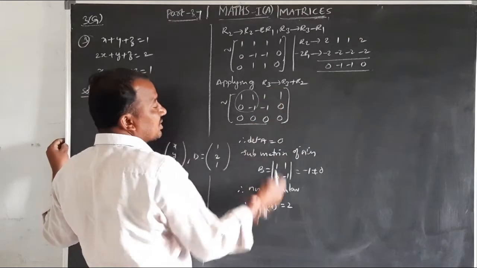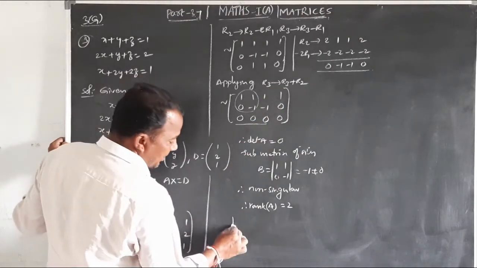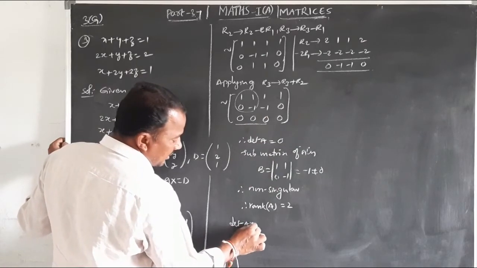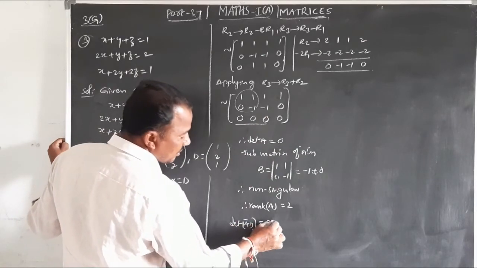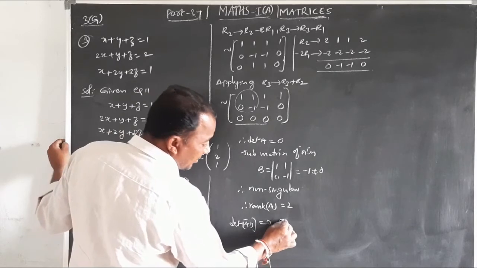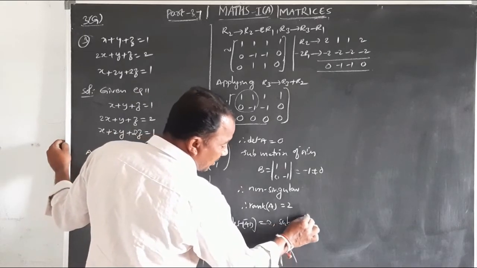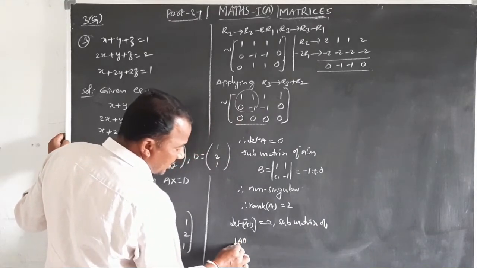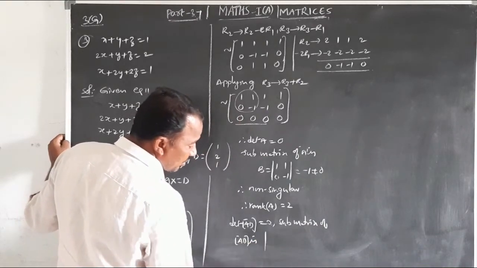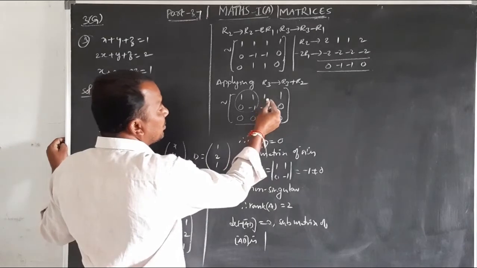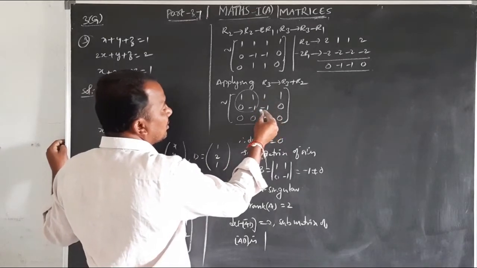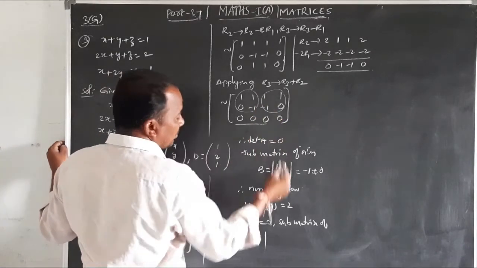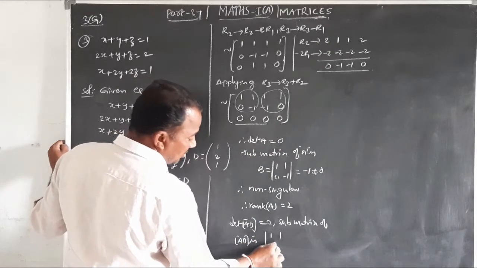Find the determinant of AD. AD means the augmented matrix with the last column. Det AD is also 0. Now take a 2 by 2 submatrix of AD, 1 1, 0 minus 1.